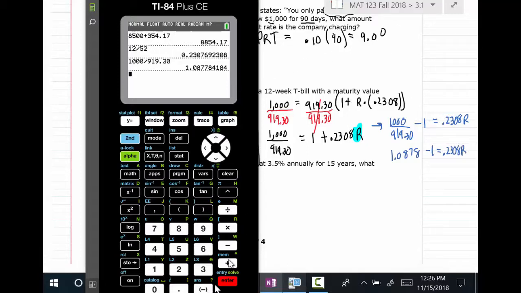Okay, so I'm going to take that number that's in the calculator, subtract 1. Okay, so that'll give 0.0878, okay, equals 0.2308R, and then the last thing you do is divide by that number.